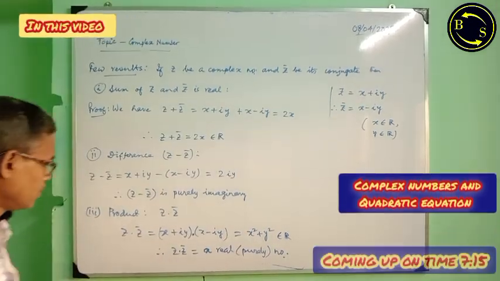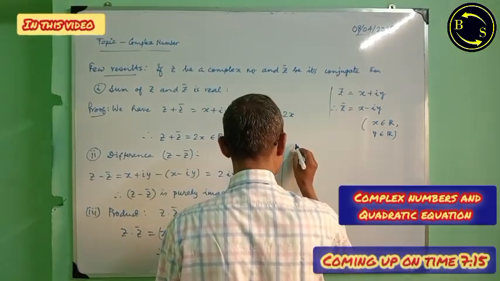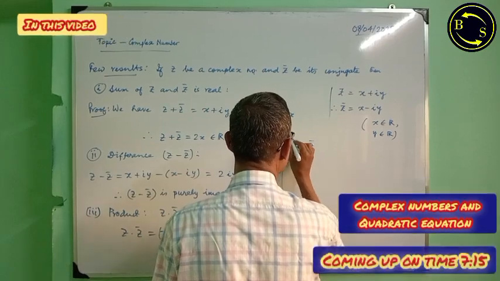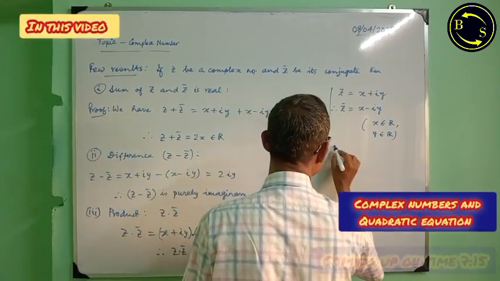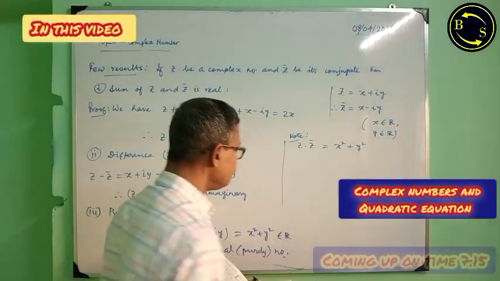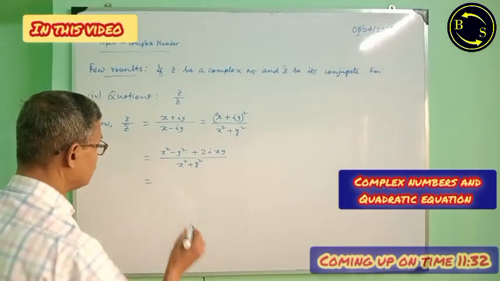Also, we note that z into z bar is equal to x square plus y square. Now, in the form of x plus iy.